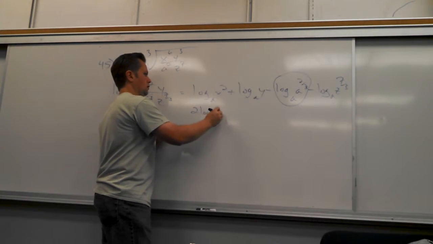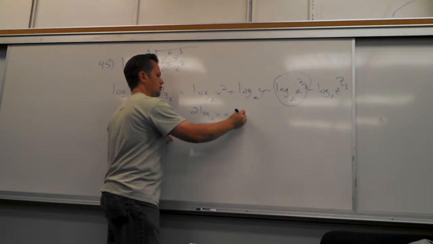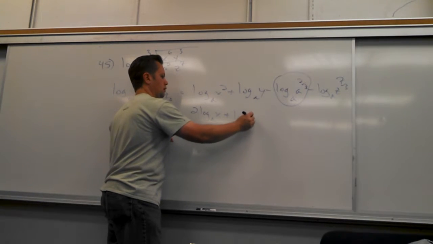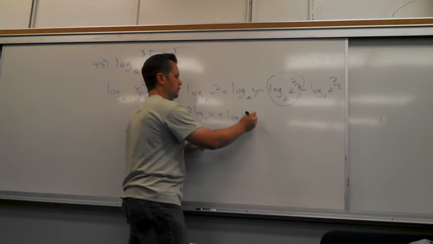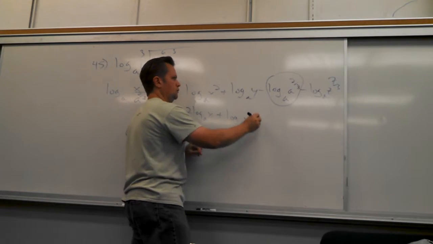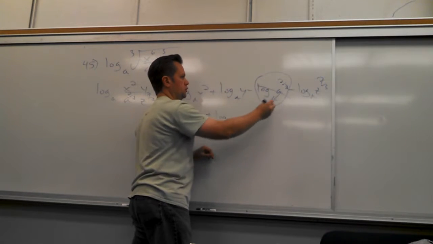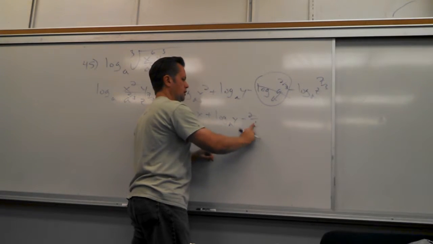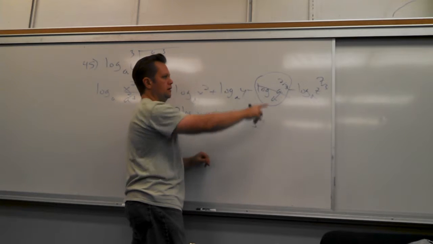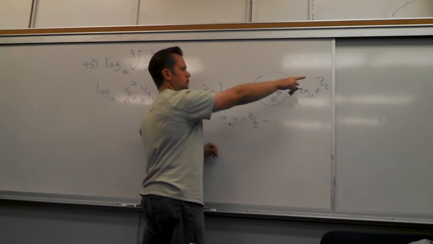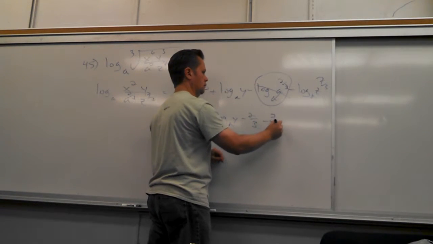That one just becomes negative 2/3. This one has no power. That one just becomes negative 2/3, yeah. And then that last one, 7/3 comes down.